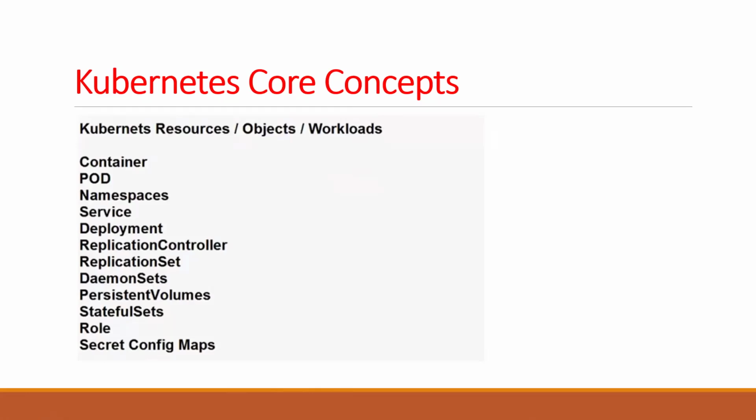So what do you know in this list, Srinivas and Vausha? Service, role, container. About you? I know volume, but persistent volume I don't know. For me, container and role only I know.